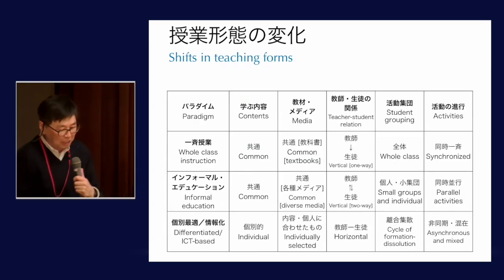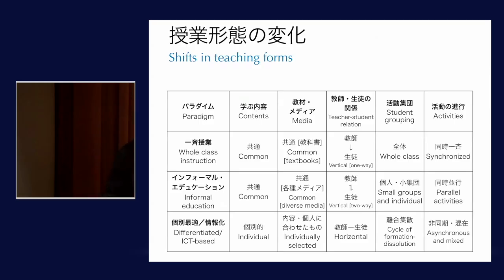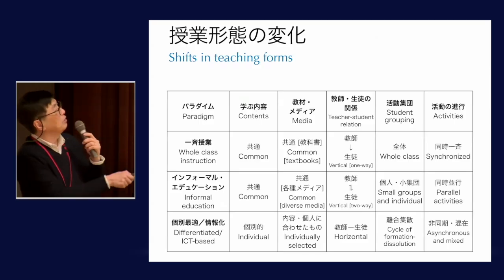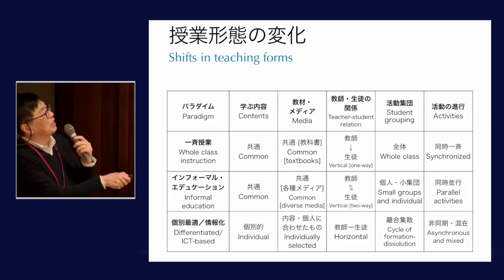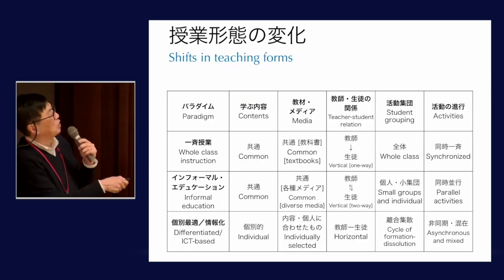This is prepared by myself, so I'm not sure whether this is correct information or not. However, this is a paradigm, and the learning content, and what kind of educational material and media are used.